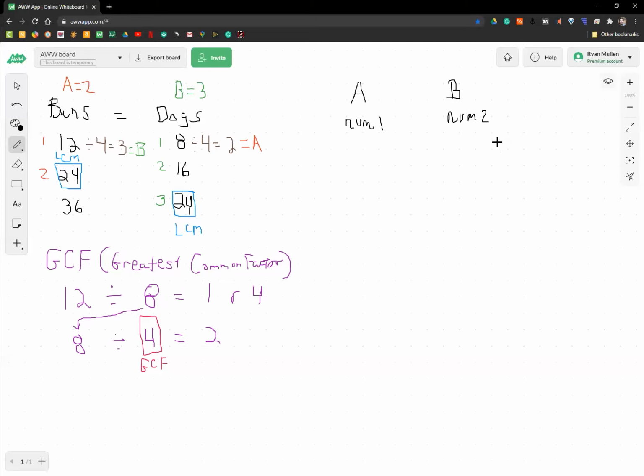And so our rule is, if we want to solve for A and B, A is equal to number 2 divided by the GCF.